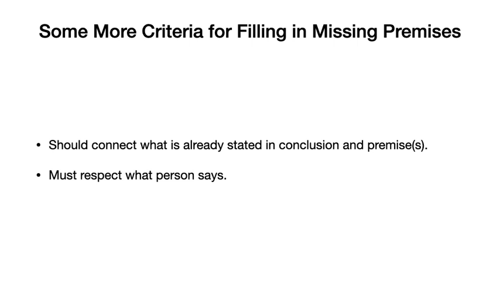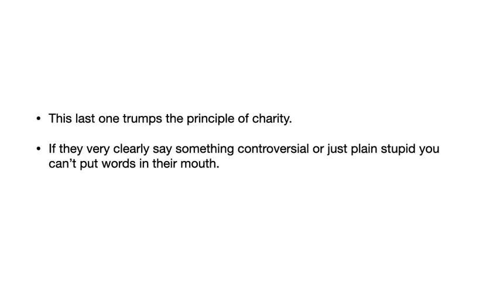Two, it must respect what the person actually says. And this last one actually trumps the other considerations. If it is very, very clear that the person says something stupid, if they explicitly say it and there's no other way to read it, then you have to respect what they say. You cannot put words in their mouth.